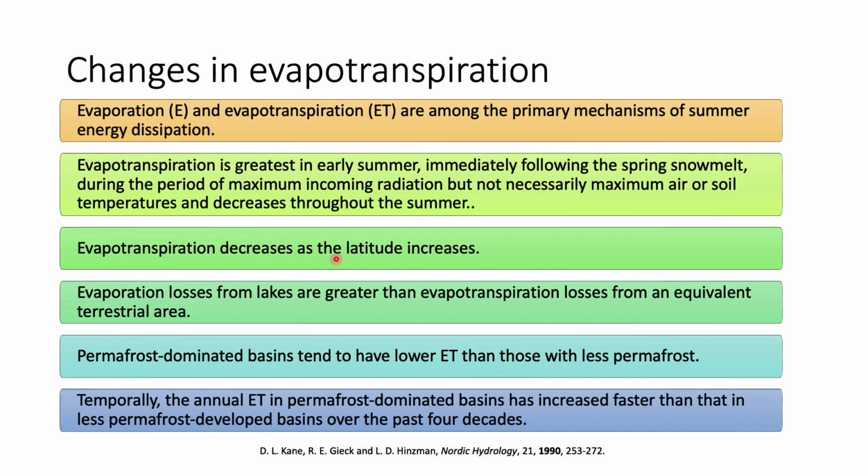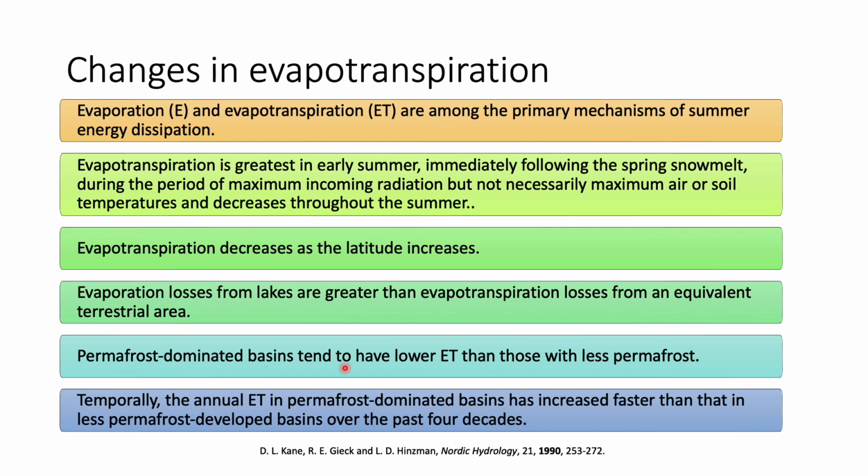So this is how the transpiration reduces. The evapotranspiration also decreases as the latitude increases, and the losses from the lakes are greater than evapotranspiration losses from an equivalent terrestrial area. So this is the major difference between the terrestrial and the Arctic region.